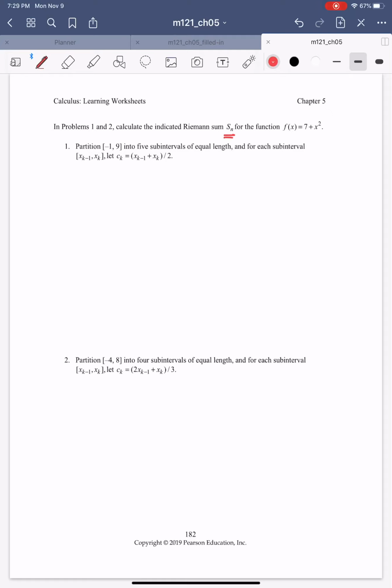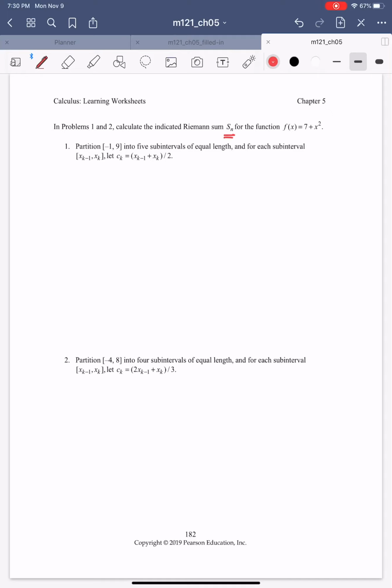So we will use the same function. First one, partition from -1 to 9 into 5 sub-intervals of equal length for each sub-interval. Let c sub k be x of k minus 1 plus x of k, divided by 2.